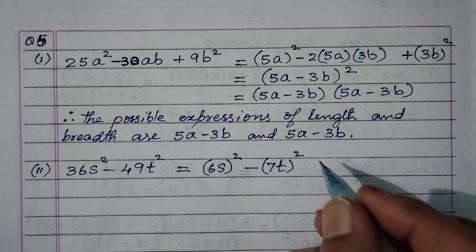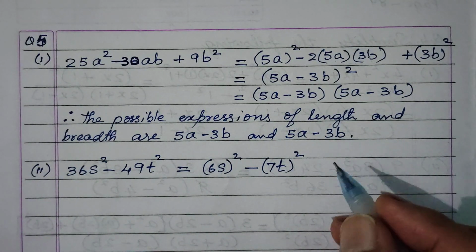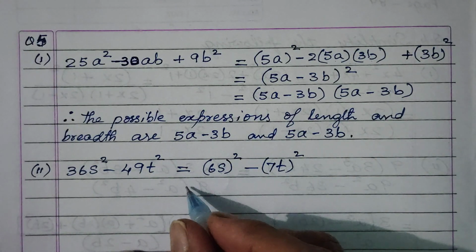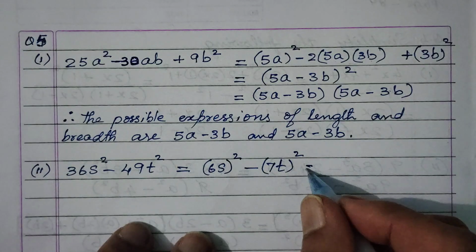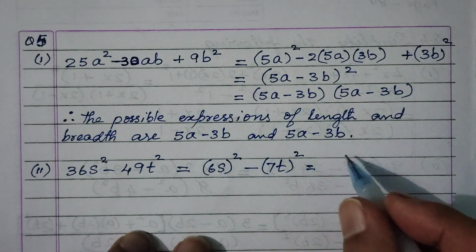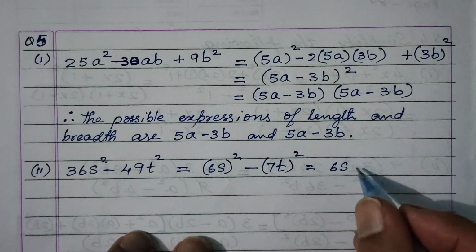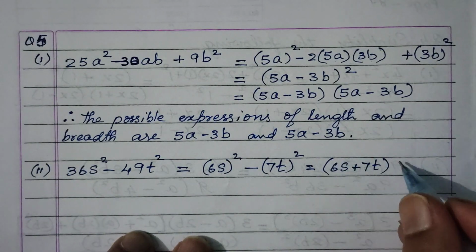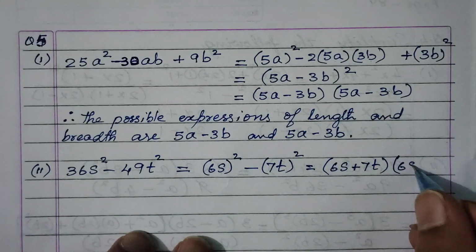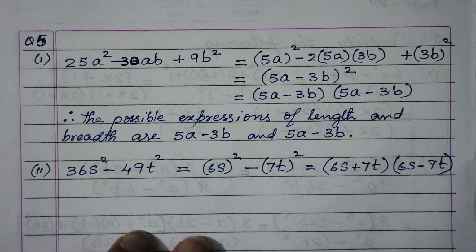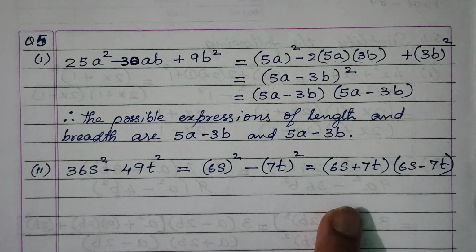So I can write it as a plus b into a minus b. So I can write it as a is 6s, b is 7t. So 6s plus 7t, a plus b into a minus b, 6s minus 7t.